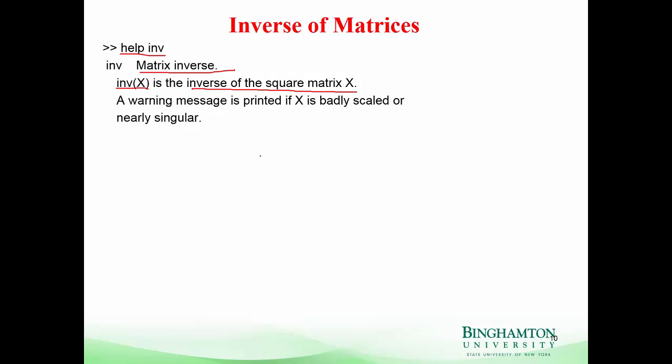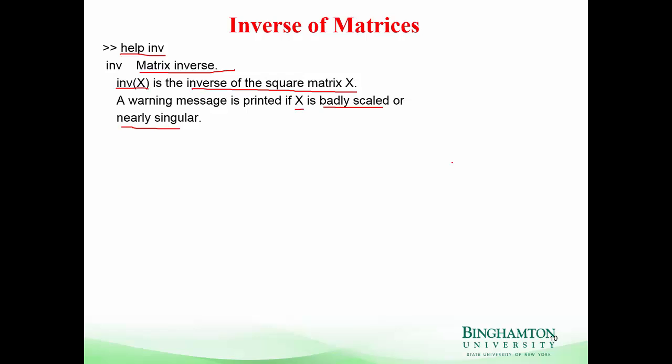That's not the only thing it will warn you about. If the x matrix that you give it is nearly singular or badly scaled, these are situations that make it difficult numerically to compute the inverse, that there are some numerical issues with the inverse.